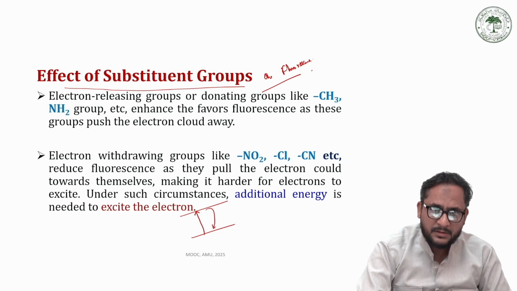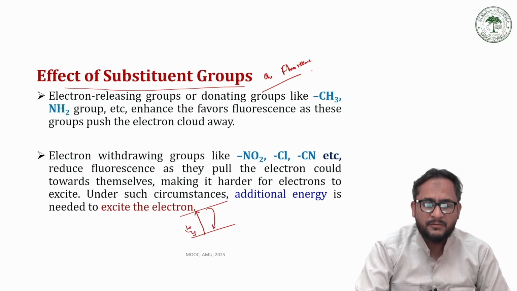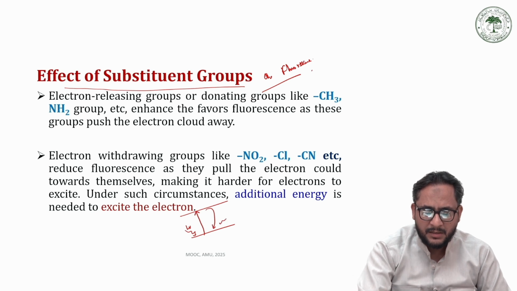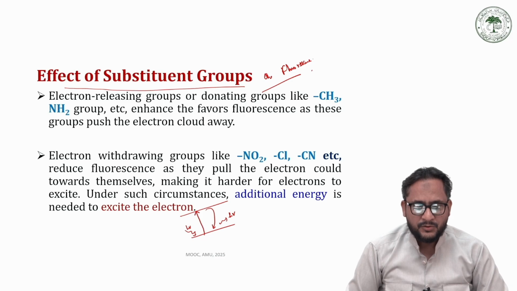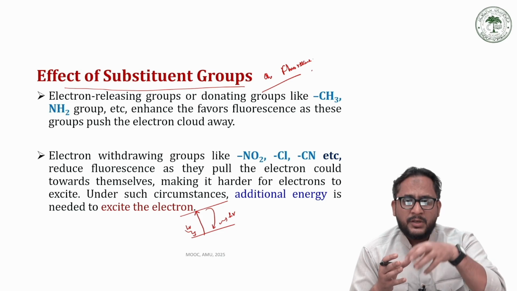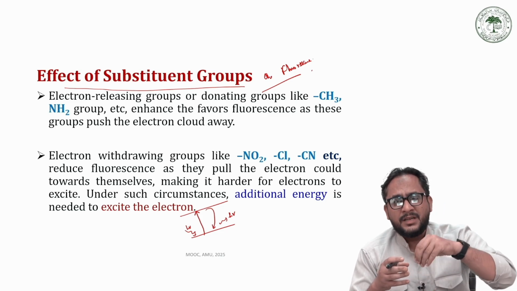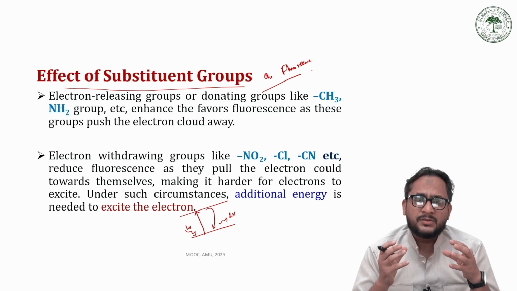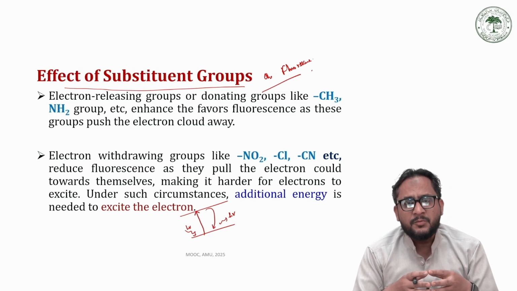When electrons are excited by absorption of light radiation, of shorter wavelength and higher energy, they are promoted to the next level. When they come back, they emit light radiation of longer wavelength and lower energy. During this process, the substituent present in the molecule under study has a strong influence on the phenomenon of fluorescence.